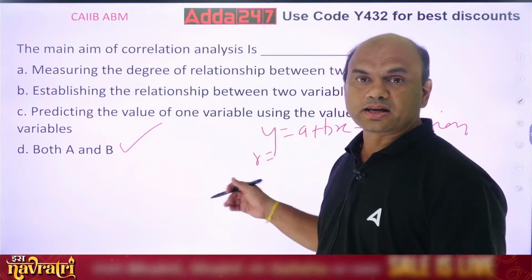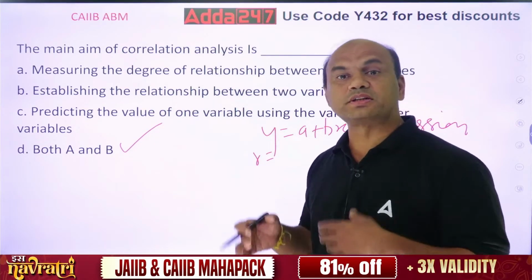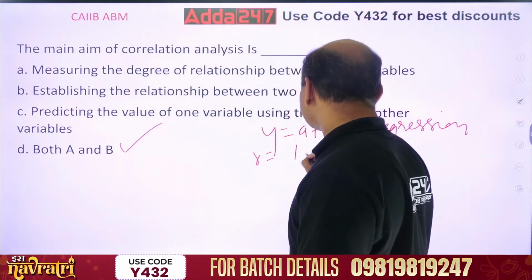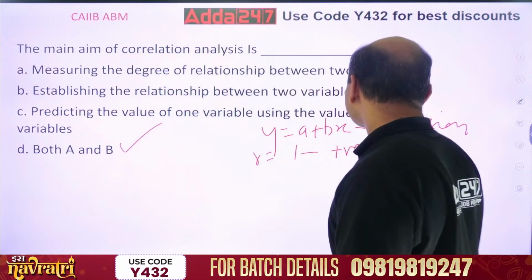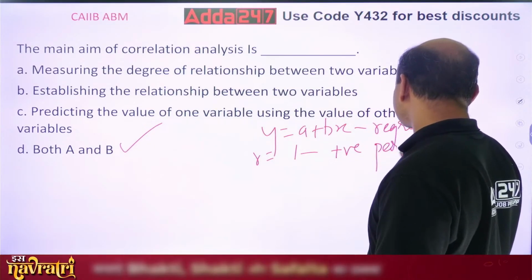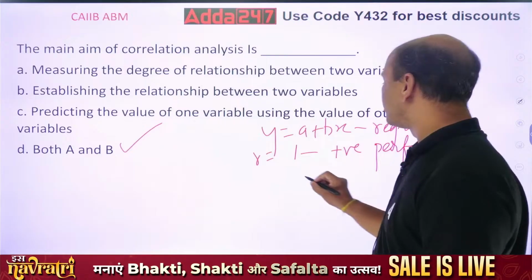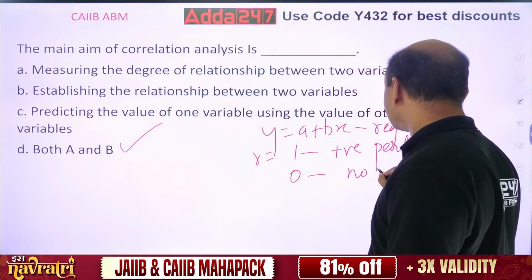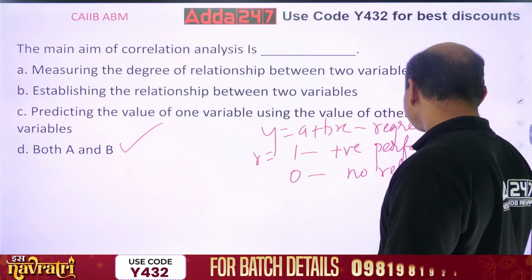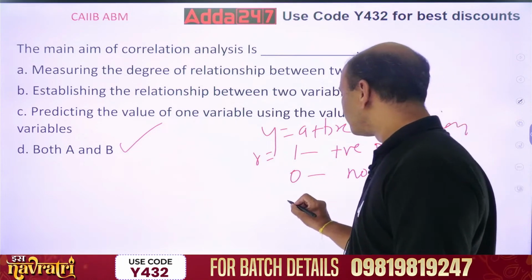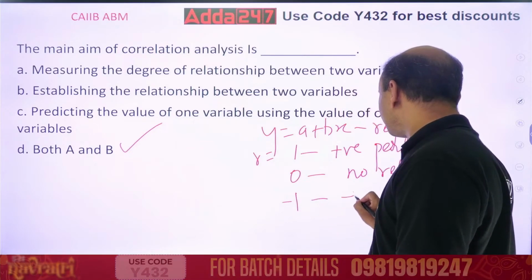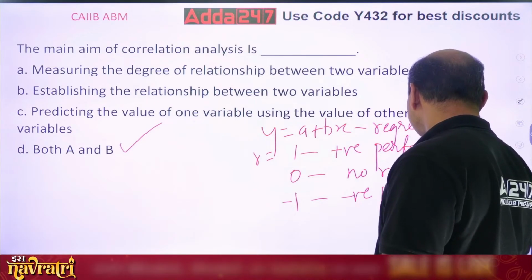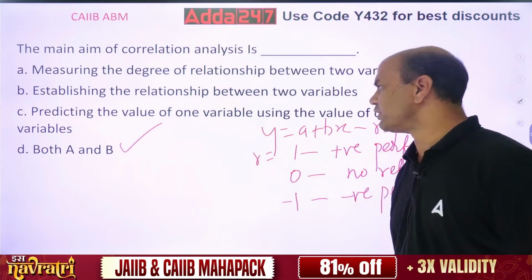If R equals to 1, then it is positive perfect correlation. If R equals to 0, then no relation. If R equals to -1, then negative perfect.